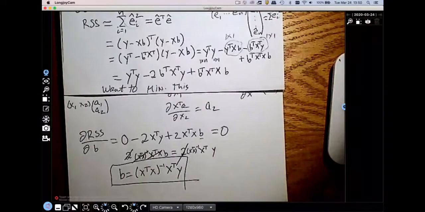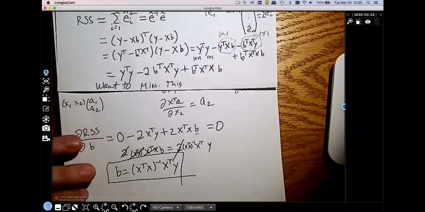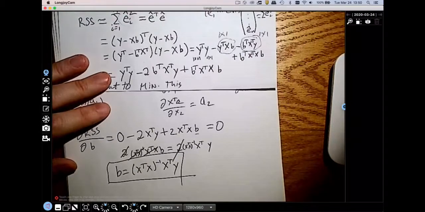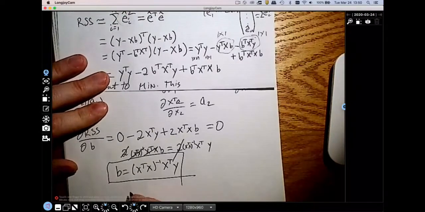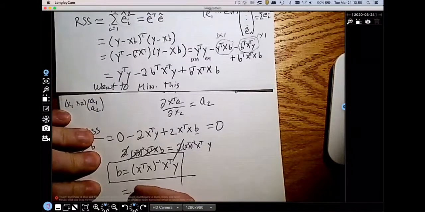All right, the next thing that I said we were going to do was to show that these things are normal. So let's go establish that they're normal. So what I want you to note is this is equal to x transpose x inverse, x transpose, and then what is y?